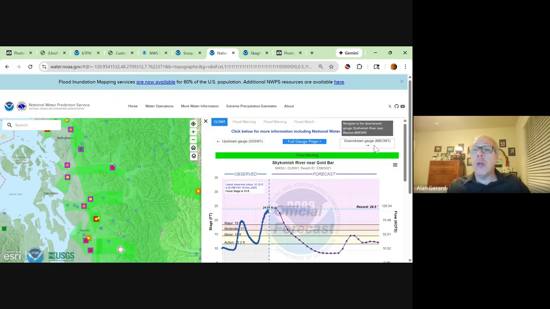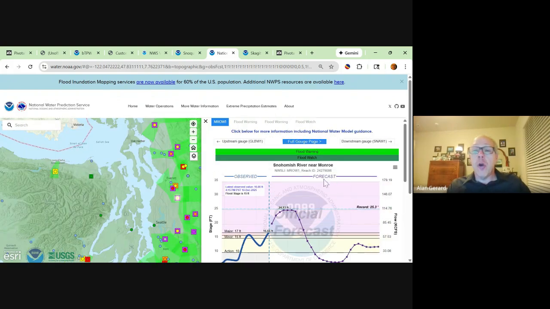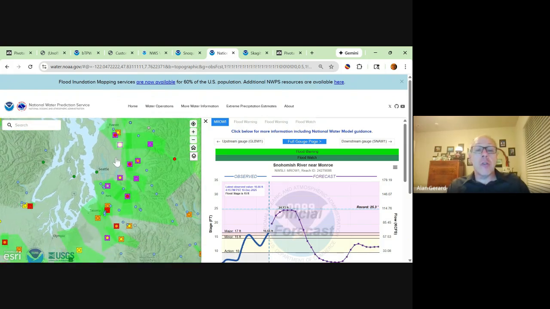If we look downstream near Monroe, it's forecast to crest very near record levels. So this is really just an incredibly impressive, dangerous, and in some cases, for some of these rivers, catastrophic type of flooding event for these rivers coming out of the Cascades in Western Washington.